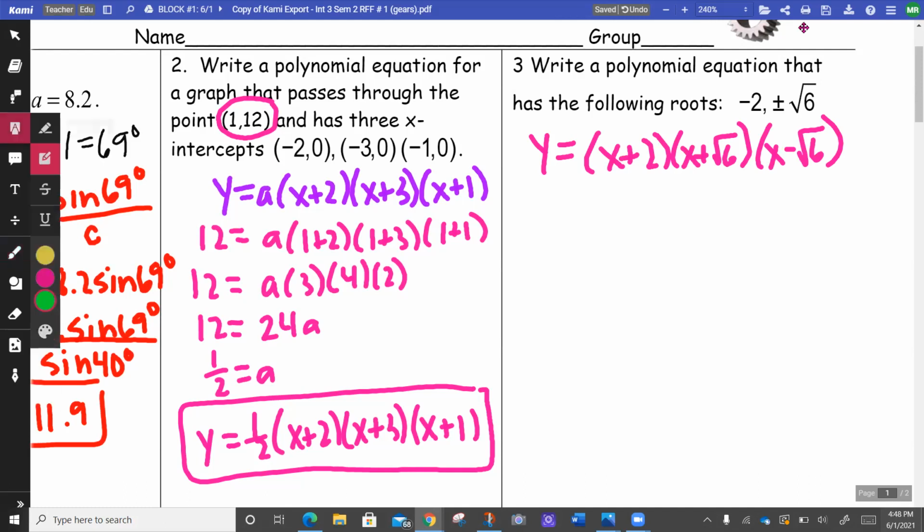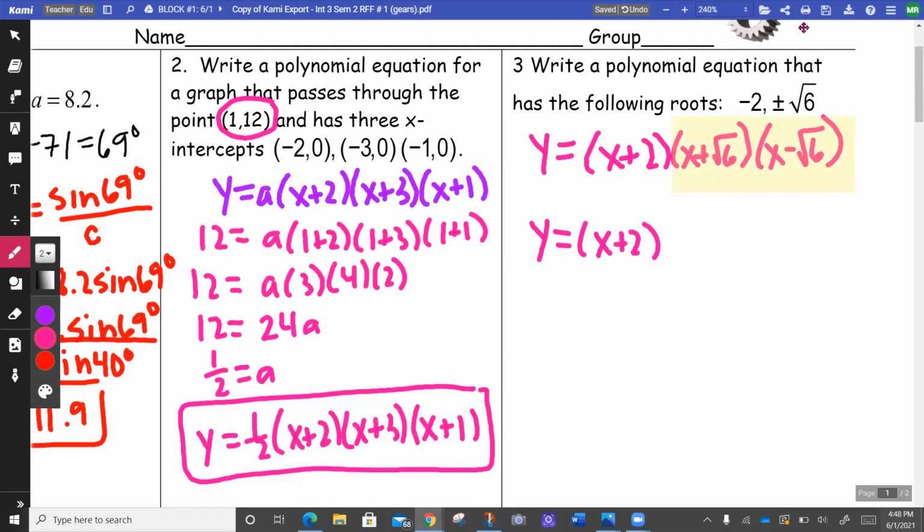And these here, that's going to be a difference of 2 squares. So I am going to end up getting x plus 2 times, and when I do what's in the yellow, I can write x plus root 6 times x minus root 6, but that is a difference of 2 squares. I'm going to get x squared minus 6. And then I'm going to do this math.